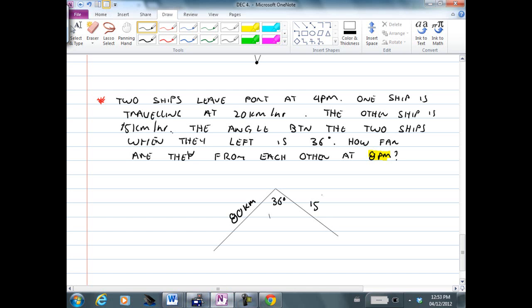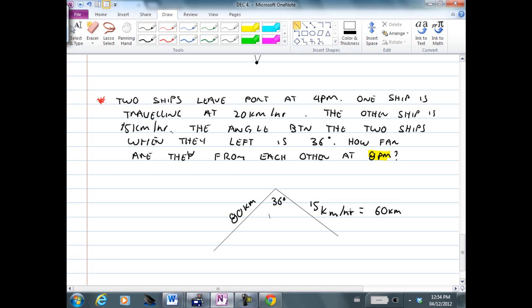So this is 15 kilometers per hour. Agree? But I'm not looking for kilometers per hour. I'm looking for how far. So this is a distance question. So in reality, this is going to be 60 kilometers.